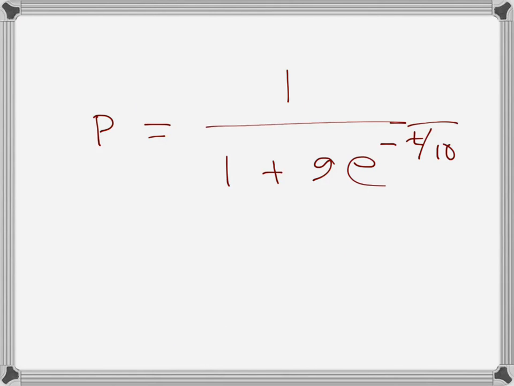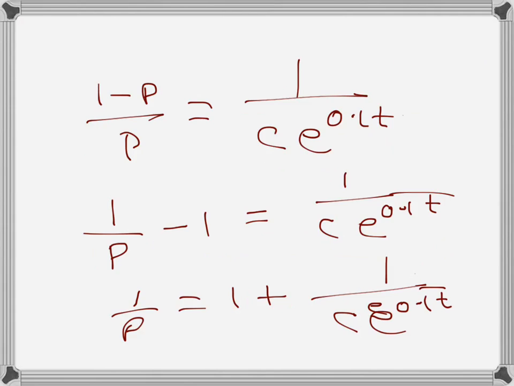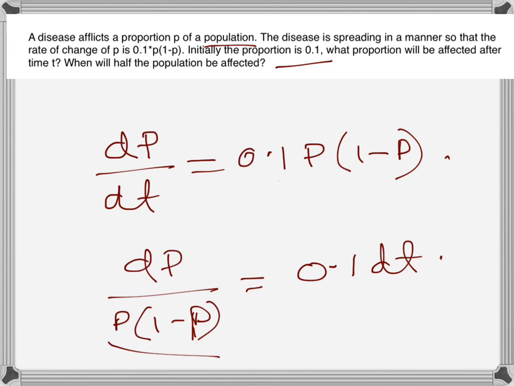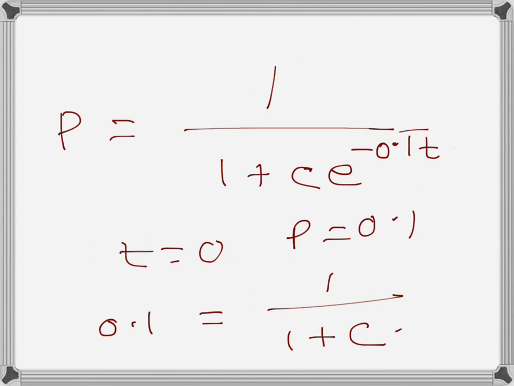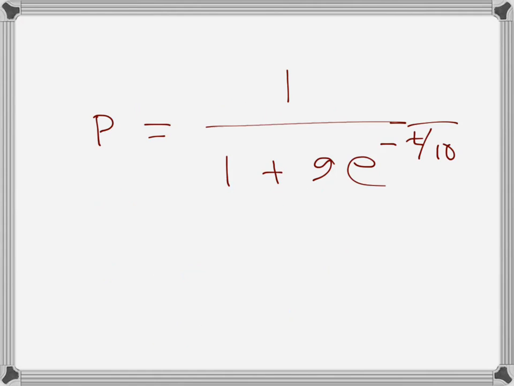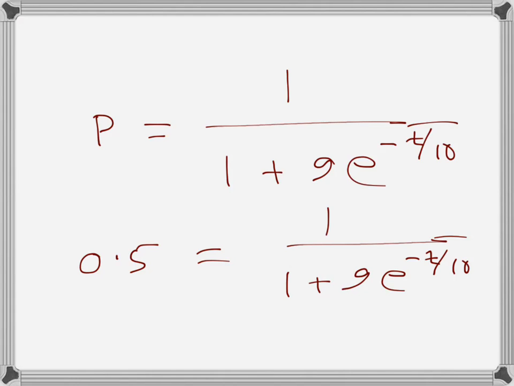There was a second part in the question, which is when will half the population be affected? So when half the population is affected, we will have P as 0.5. So this is 0.5 equals 1 over 1 plus 9 e to the power minus t over 10. We need to find t here.